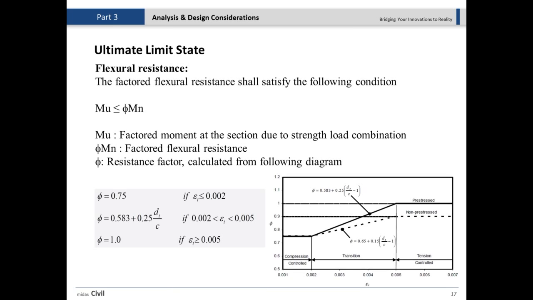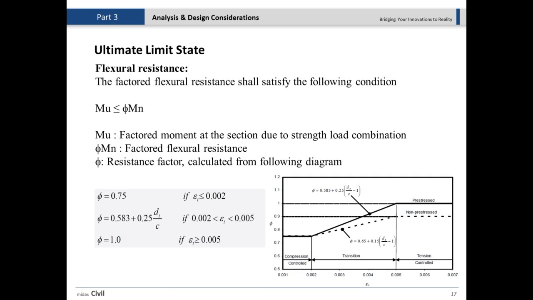And depending on the state of that segment, we come up with different resistance factors. Based on the ultimate strain, if the strain is less than 0.002, which means it is compression controlled, the concrete may fail initially, so we go with the smaller resistance factor.